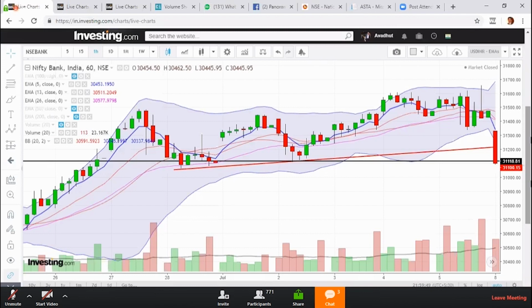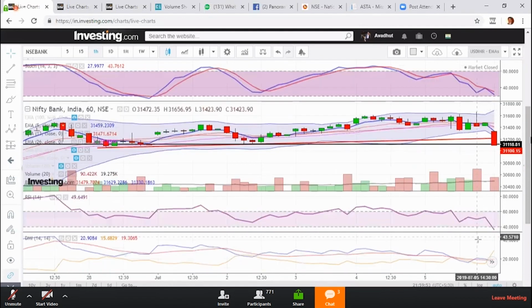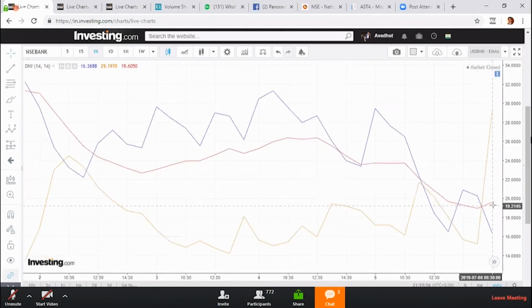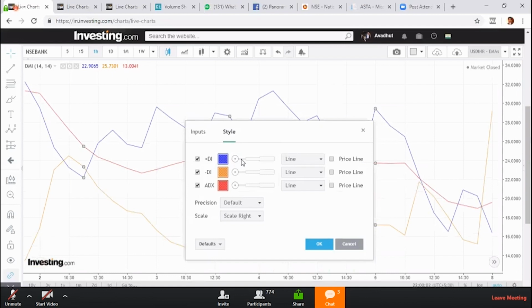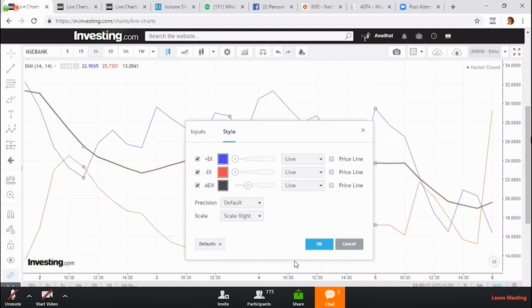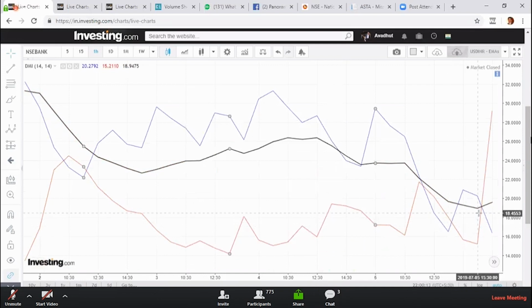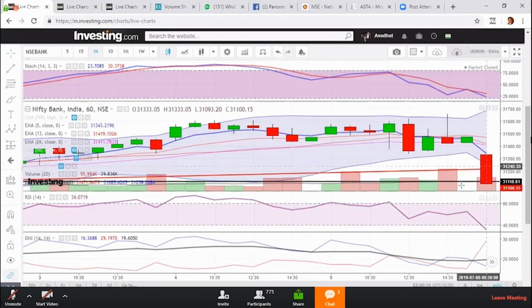So there was a challenge to the band, and look at this. The ADX was up. ADX was rising. I don't think I need to show you what ADX is. And RSI was below 40.